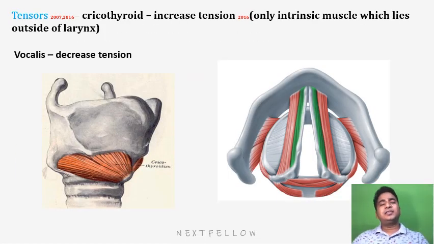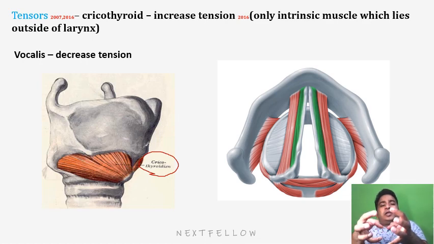Now, what are the tensors of the vocal cords? So mainly the tensor is cricothyroid. You can see in this diagram, this is my cricothyroid muscle which is attaching from the cricoid cartilage to the thyroid cartilage. So whenever this cricothyroid muscle contracts, what happens? See, my larynx slides a little bit like this. Look at this diagram.